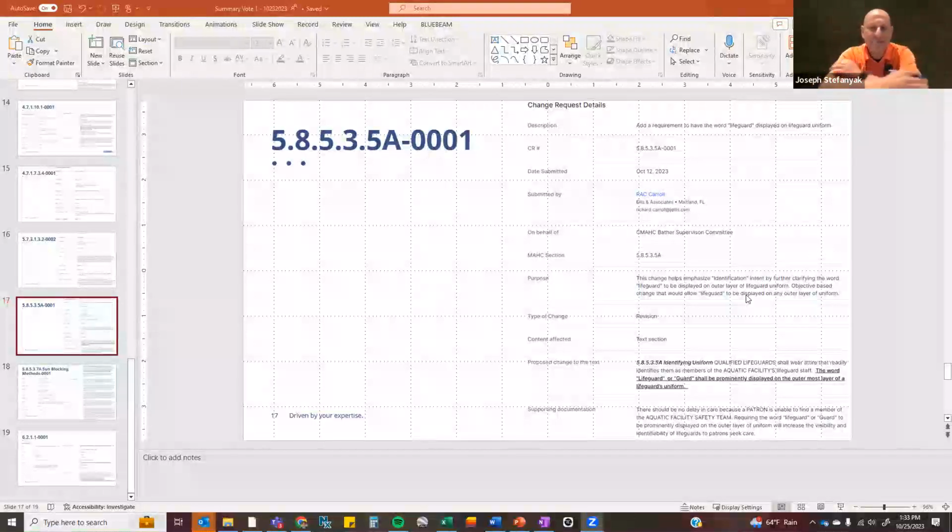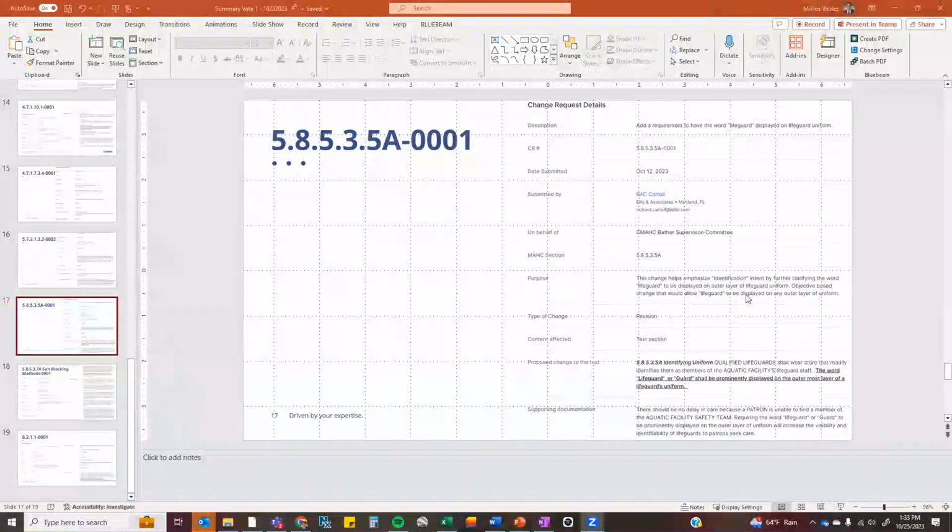I think it's important to identify who is actually a lifeguard, who is trained and capable of that, for a couple of different reasons. Is this type of requirement found anywhere else, in any other existing state codes or local codes?